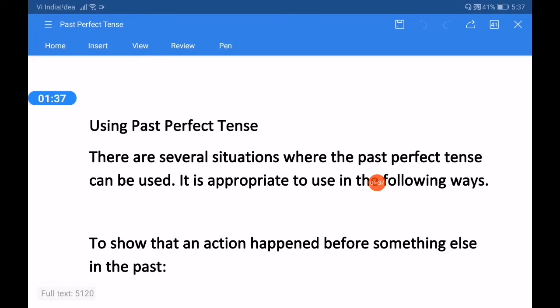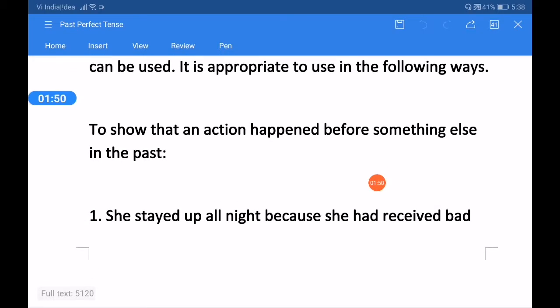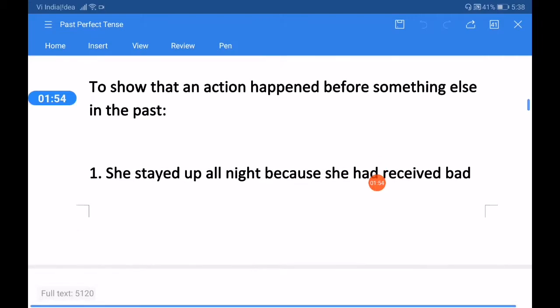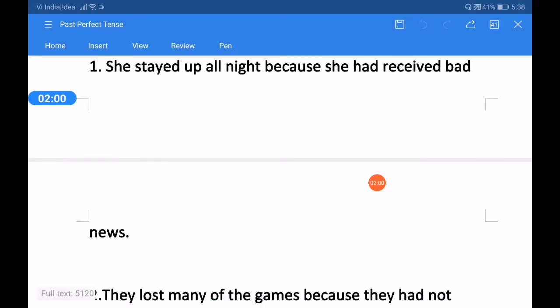Dear students, there are several situations where the past perfect tense can be used. It is appropriate to use in the following ways. First is to show that an action happened before something else in the past. For example, she stayed up all night because she had received bad news.